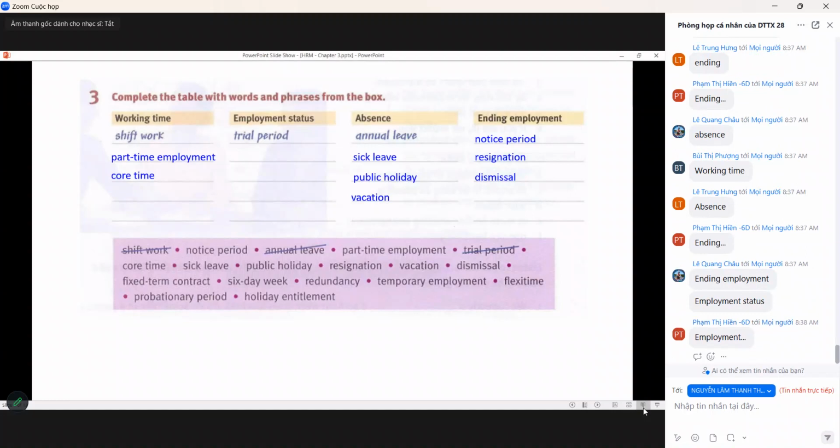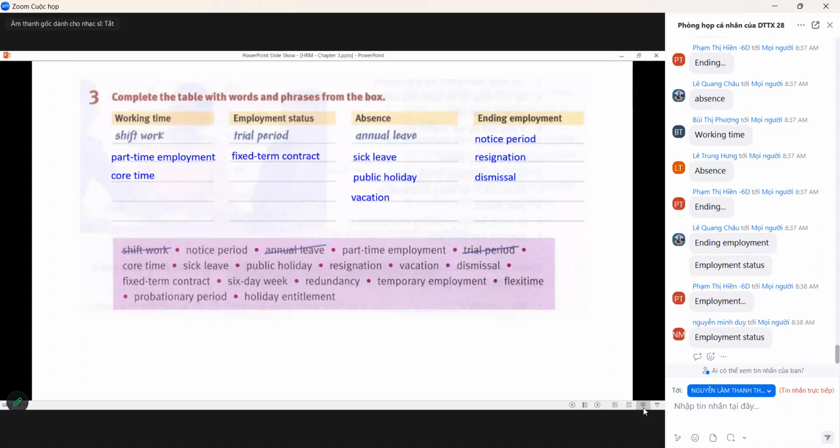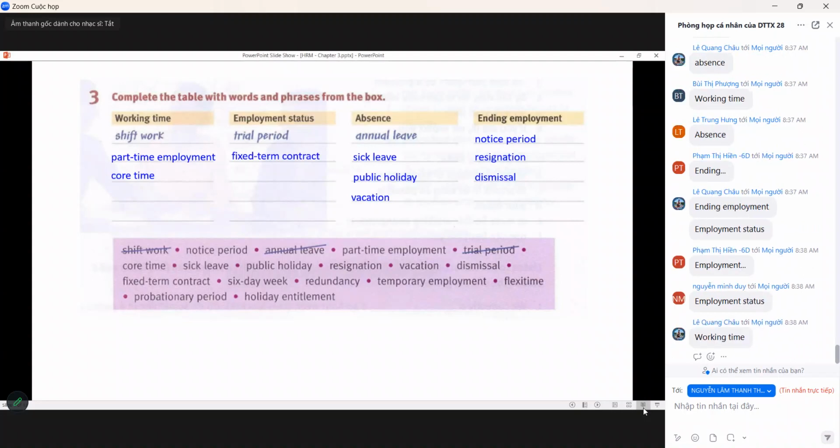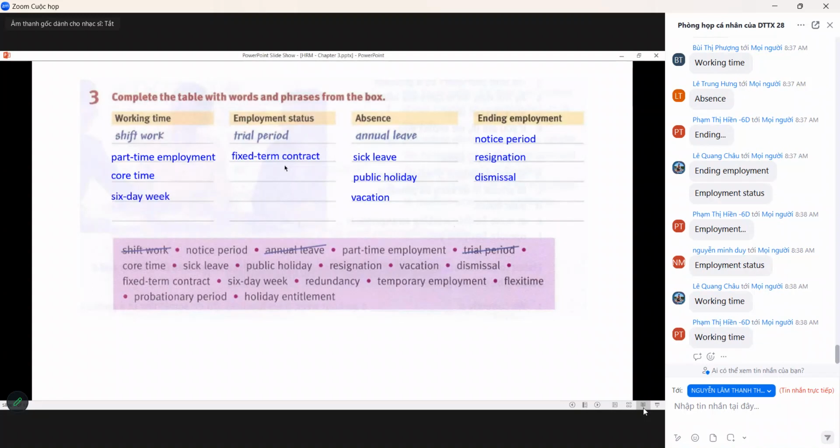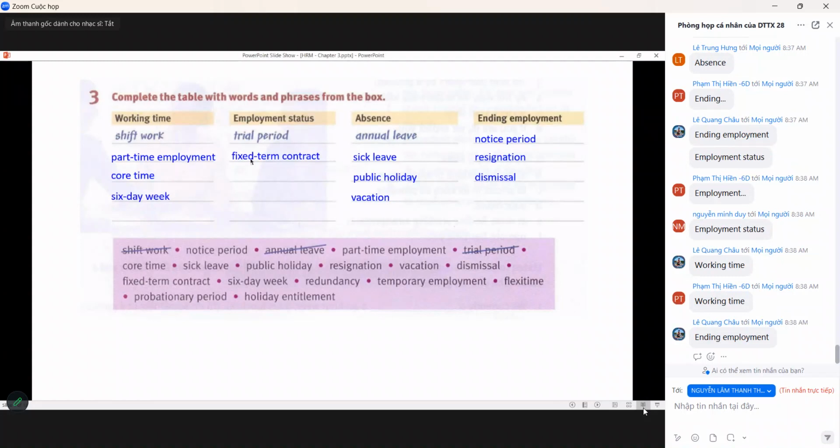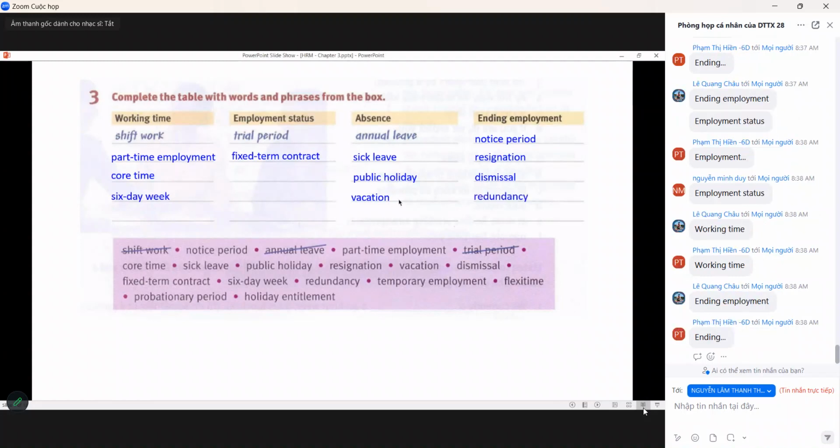Employment status. 6-day week. Working time. Redundancy. Ending employment. Temporary employment.